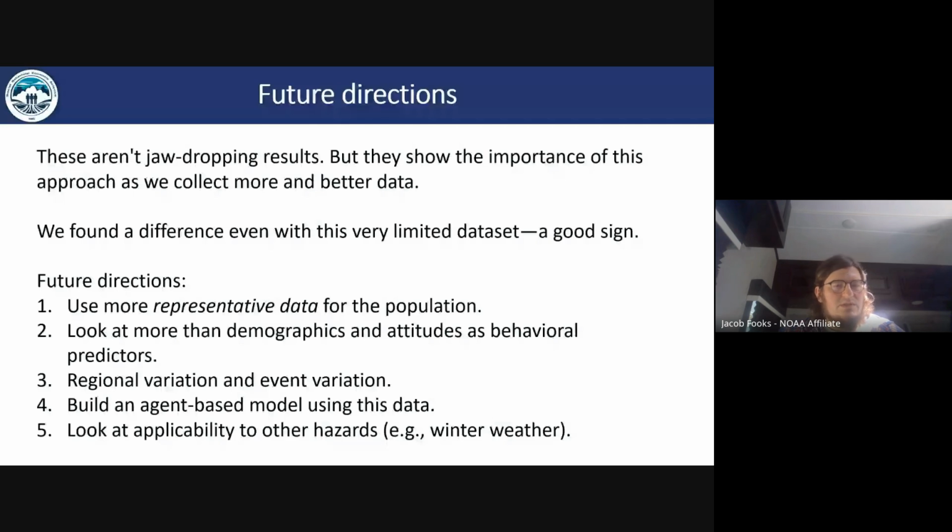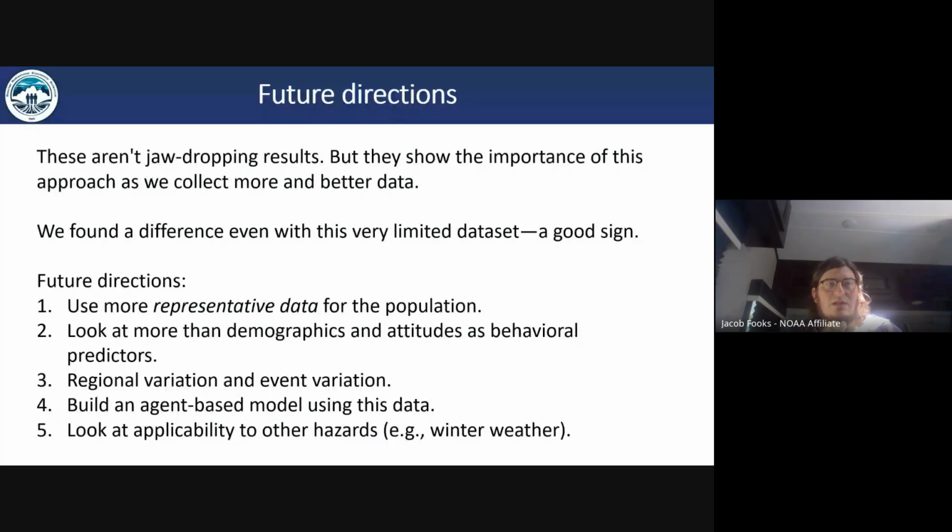There's also questions of applying this to other hazards. Brenda has fielded the survey for a number of different hazards. And of course, the decision context of all of those is different. And the extent to which they are a result of this chain of decisions or not may vary.